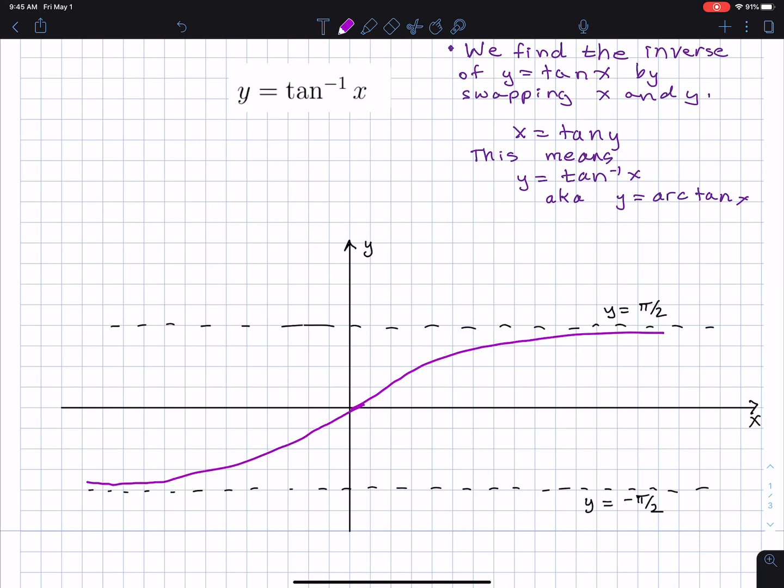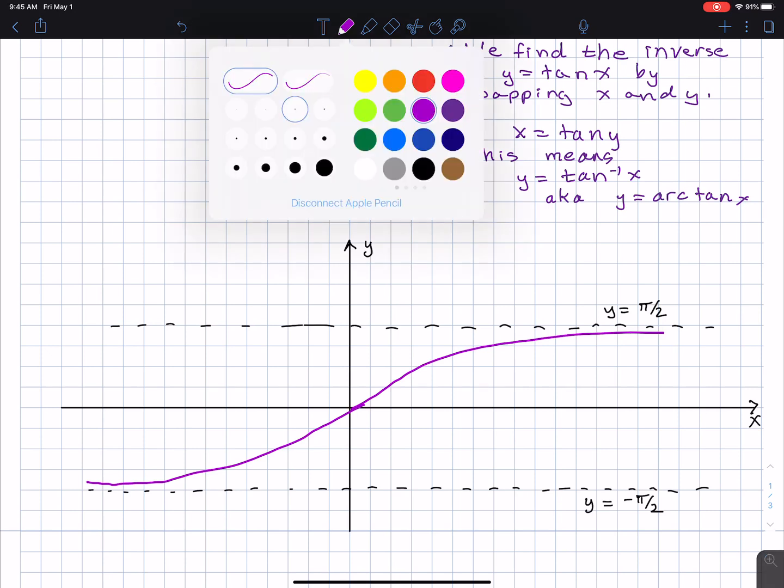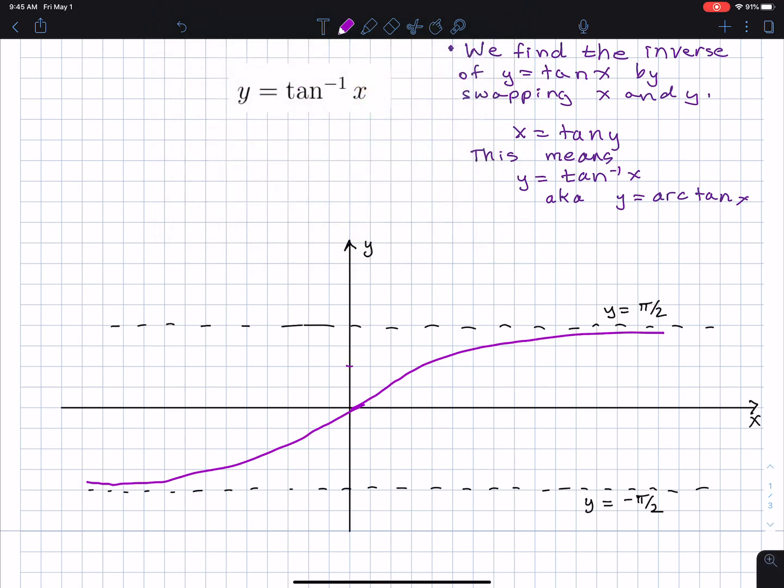So this is what it looks like. If you wanted to say that this point over here is, say, pi over 4, then this one here would be 1, pi over 4.